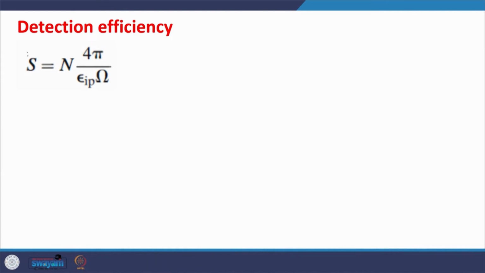Here I am representing it using the symbol S. So, S is basically the number of particles emitted per unit time, all right, and N is the counts under the peak of the spectrum. Pi is a constant, 4 is a constant, and this is the intrinsic photo peak efficiency.